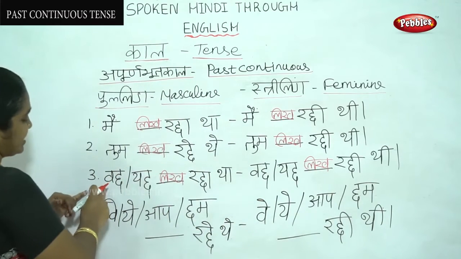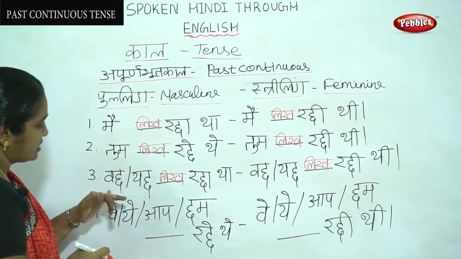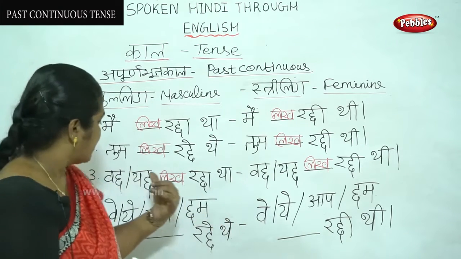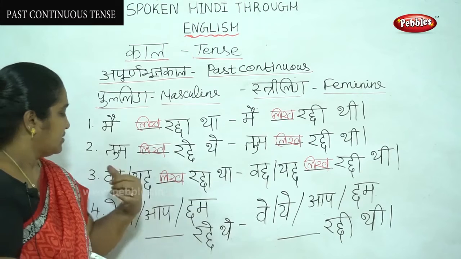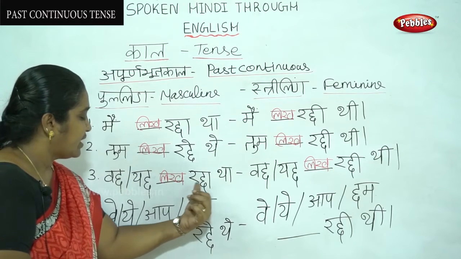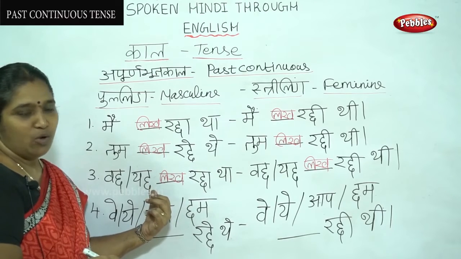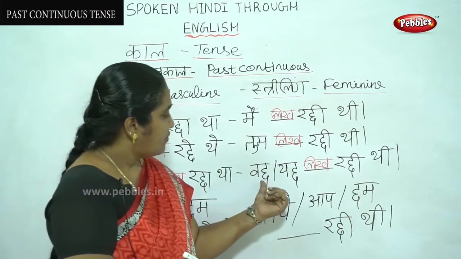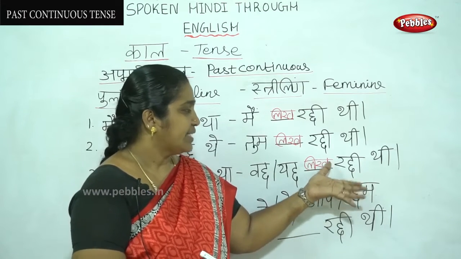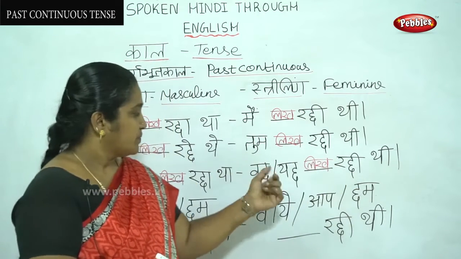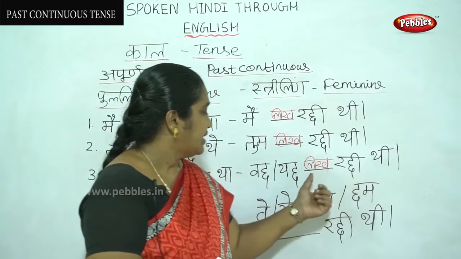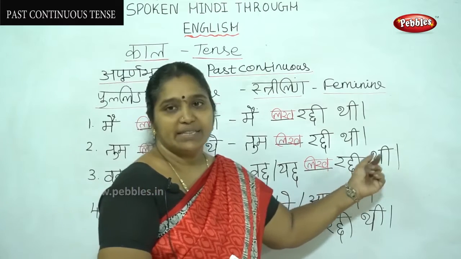Here vah means the person apart from us, at a long distance. Yah means the person nearby us. Vah likh raha tha means he was writing. Here also yah likh raha tha, the same meaning. No difference in this. Here also vah likh rahi. We already know that the feminine ends with the ee sound. Vah likh rahi thi. Here yah likh rahi thi.